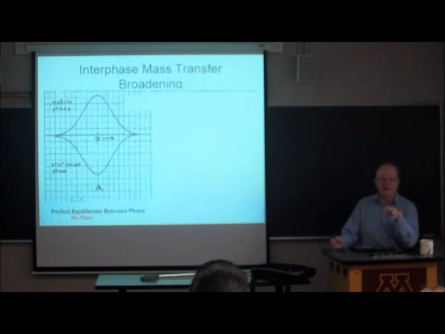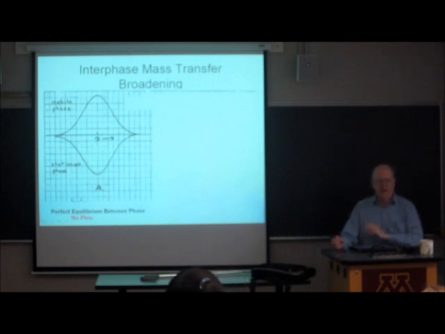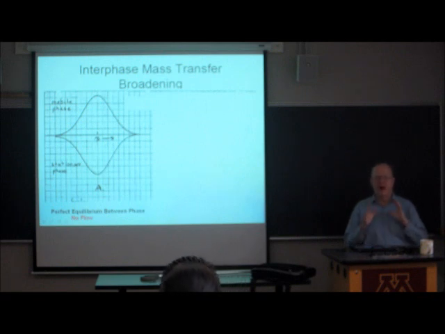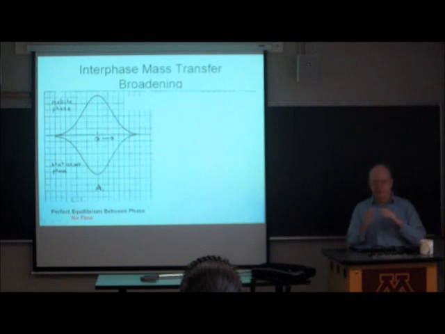The reason that should influence the peak width is shown in this cartoon. Suppose we took a sample, shot it in the column, let it go in the column, and then turn off the flow. And let the solute come to equilibrium, perfect equilibrium, between the two phases.